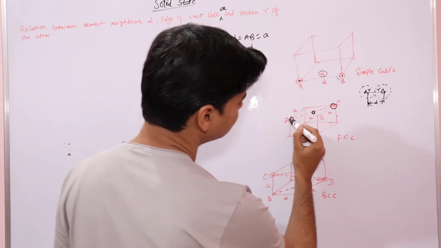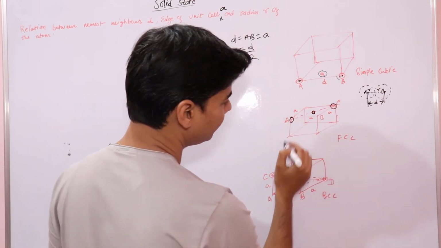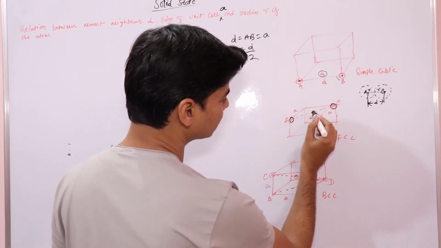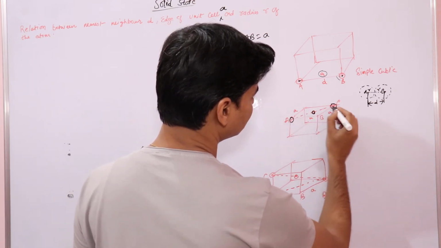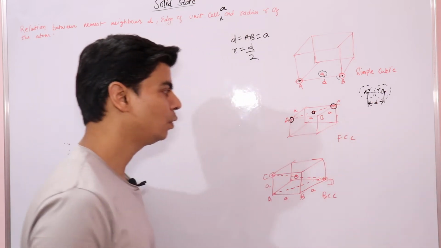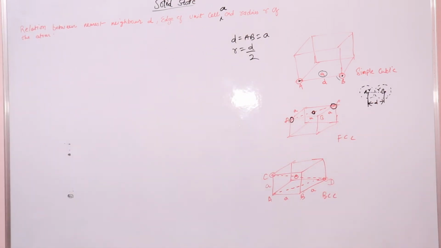Now let's consider this triangle. The distance between the closest neighbors, this and this, would be D, and this is AC.